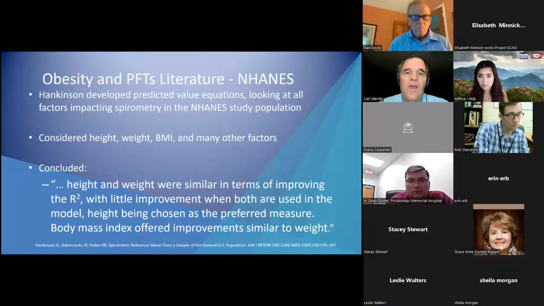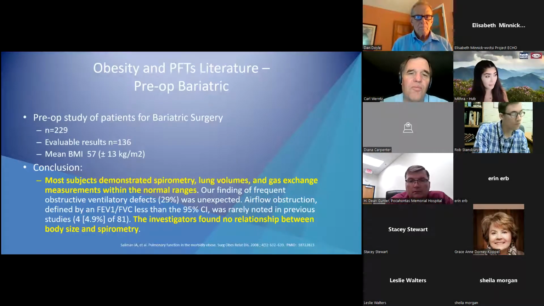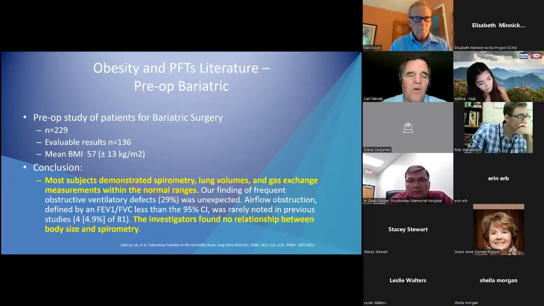So here's a study of pre-op bariatric patients. Bigger study, 229. They did spirometry, I think, as part of their anesthesia evaluation. These patients started with a BMI of 57. What they found was most of the people, even with a BMI of 57, had normal spirometry pre-op.